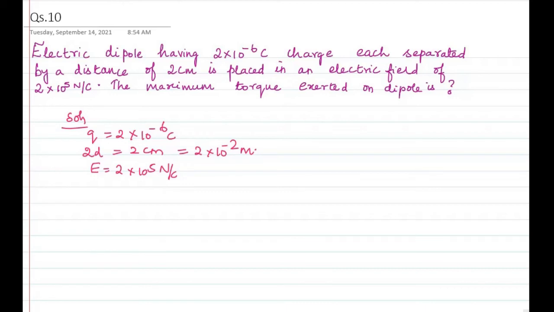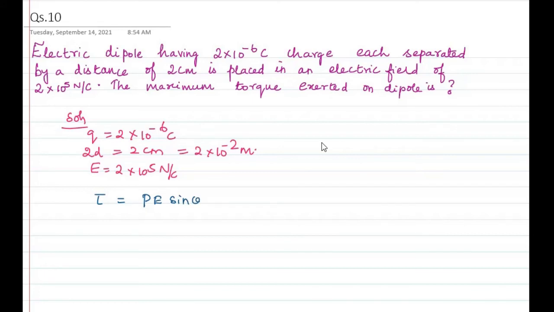Now we have to find the maximum torque exerted on the dipole. So when a dipole is placed in an electric field, torque is produced, and this torque will align the dipole towards the electric field. So now we have to find the torque. Torque is equal to pE sin theta.